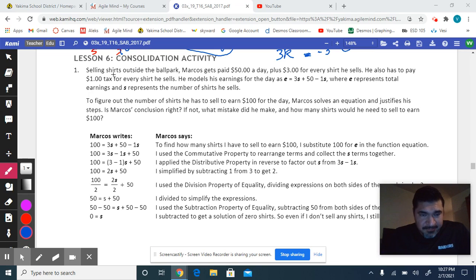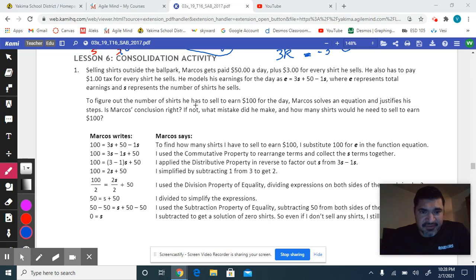Here's number one. Selling shirts outside the ballpark, Marcos gets paid $50 a day plus $3 for every shirt he sells. He also has to pay $1 for tax for every shirt he sells. He models his earnings for the day as E equals 3S plus 50 minus 1S, where E represents the total earnings and S represents the number of shirts he sells.